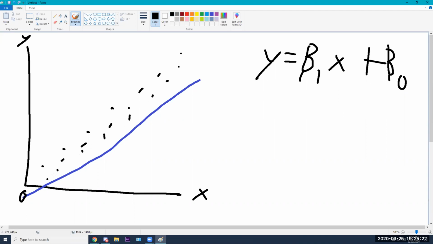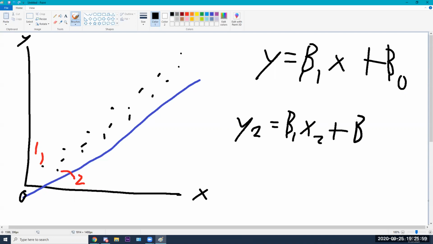And so if you're trying to predict, let's say x equals your x2, remember how we denoted them by I equals 1, I equals 2? So if this is I equals 1 and this is I equals 2, then your model's prediction for the second point would be y2 hat equals beta 1 times x2 plus beta naught.